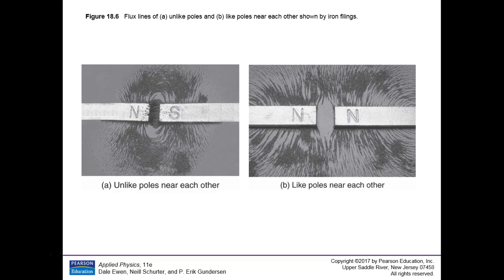You see the field lines of the North Pole would be emanating out equally in all directions. However, with another North Pole, because they repel each other, the field lines are pushing against each other this way. That is why like poles repel.